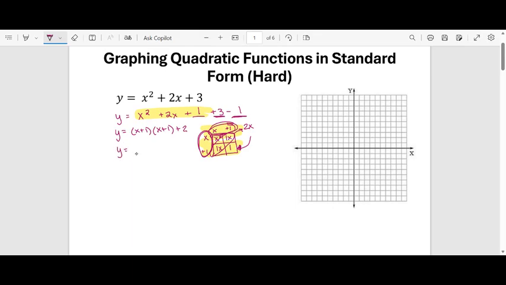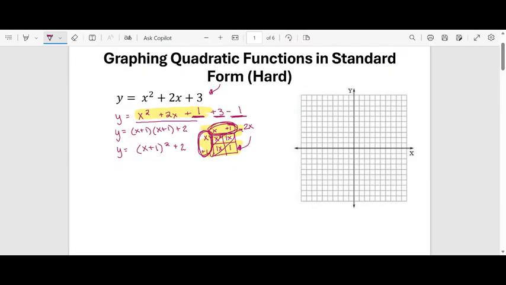So we can say y equals x plus 1 squared plus 2. So essentially, we took this equation, we added and subtracted a chosen number by completing the square. In this case, it was the 1, so we have to add it and subtract it. Then we rewrote our trinomial, so the first 3 terms, with the factored version from our factor square.